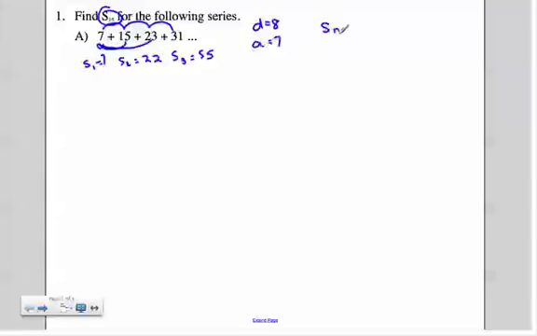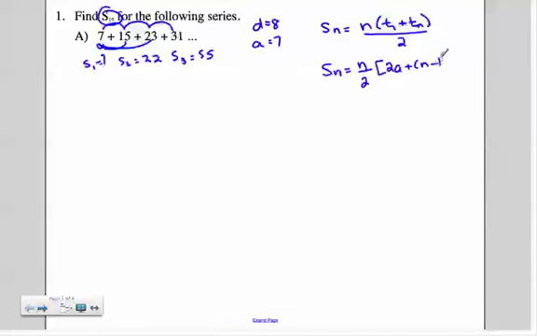The two formulas are Sn equals n times the first term T1 plus the last term Tn, divided by 2, or Sn equals n divided by 2 multiplied by 2a plus n minus 1 d. The first formula you only use if you know what the last number in the list is.